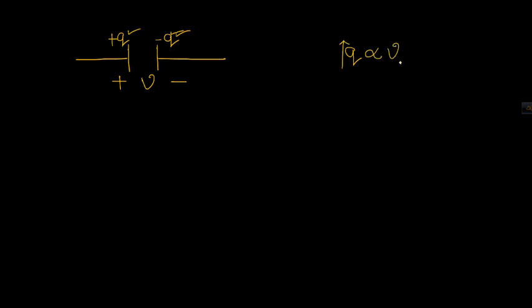The higher the q we get, the higher the v. So here now we have to put in a proportionality constant c. Here c is called capacitance. It's the capacitance of the capacitor and its unit is farad, but farad is a very large unit, so we use microfarad.